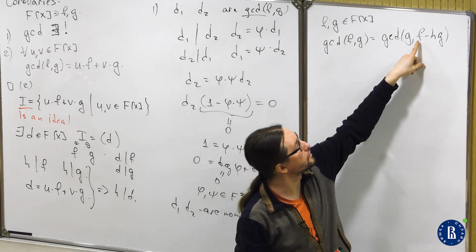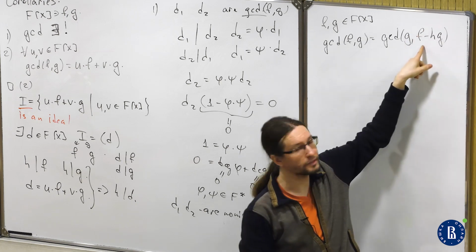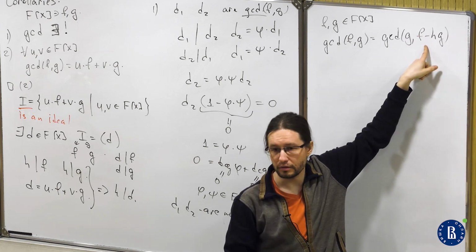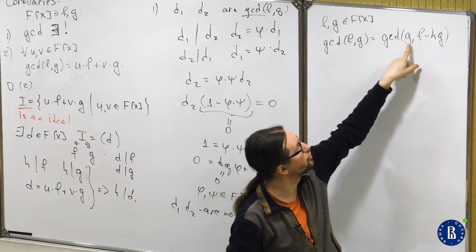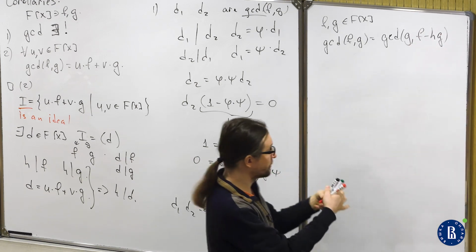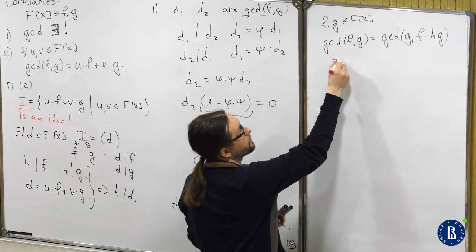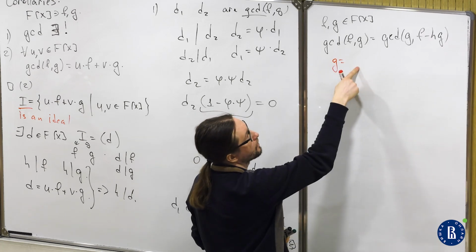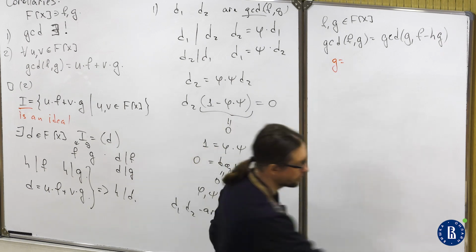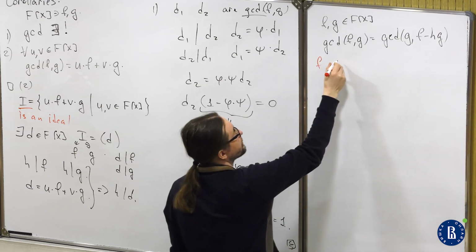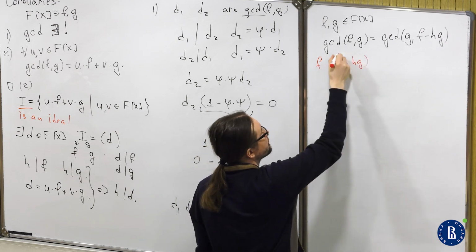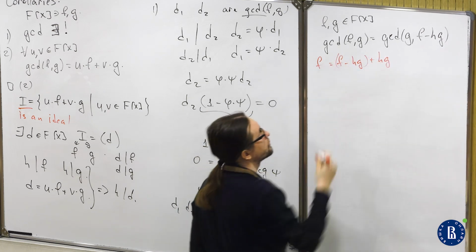So if we take something which divides f and g, then it divides g, and since it divides f and g, then it divides this expression. Vice versa. If we have something which divides g and this expression, then f can be rewritten as f minus hg plus hg.